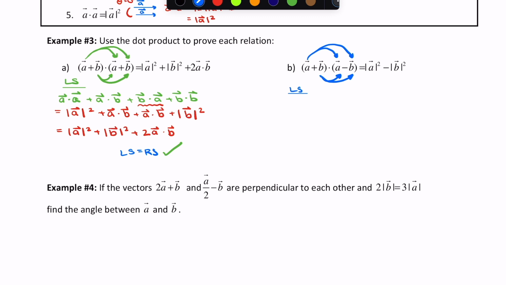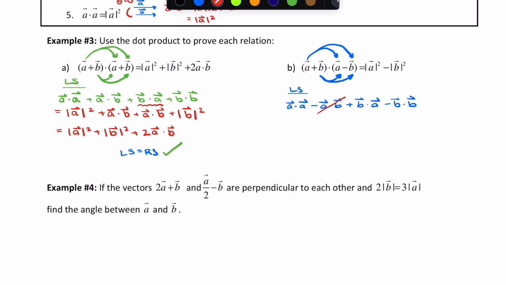So here we get vector a times vector a minus vector a times vector b plus vector b times vector a minus vector b times vector b.